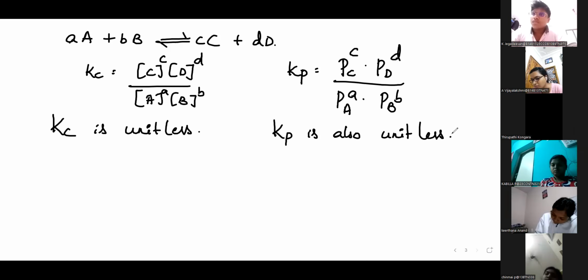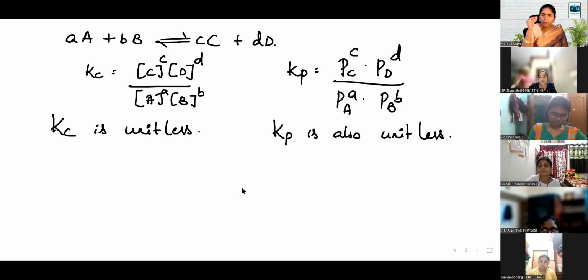But suppose they did not give this option in your exam. If the unitless option is there, first priority, mark unitless. For example, if the unitless option is not there and they have given you some units, then how should you solve?